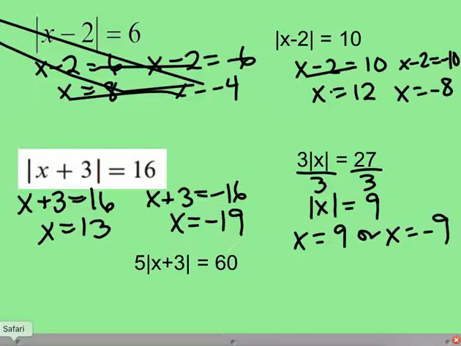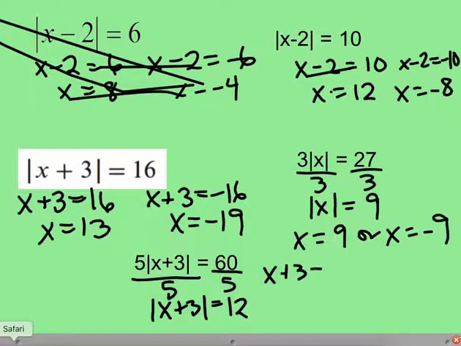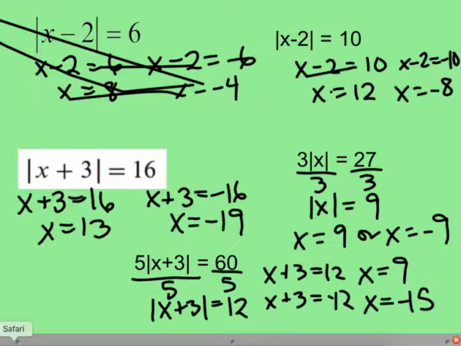We do the same thing on the bottom one. We divide by 5 and see that the absolute value of x plus 3 is equal to 12. And we write two equations, x plus 3 is 12, or x plus 3 is negative 12, so that I get x as 9 or x as negative 15, because both of those, when plugged into the equation, give me the correct distance.